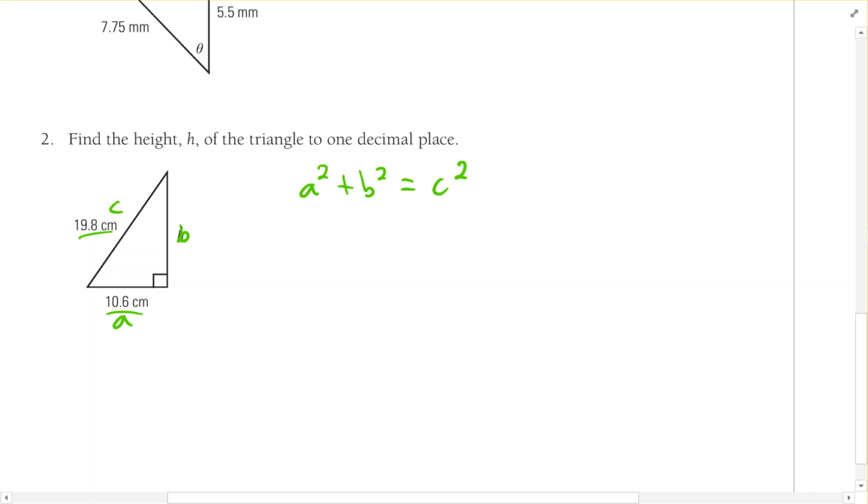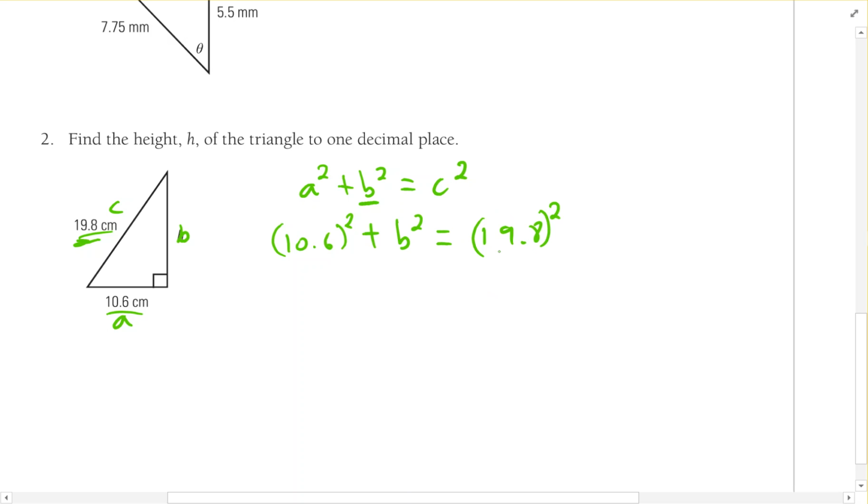We're looking for b in this equation, because this is c and we have it. So a squared, 10.6 squared, plus b squared is equal to c squared, which is 19.8 squared.